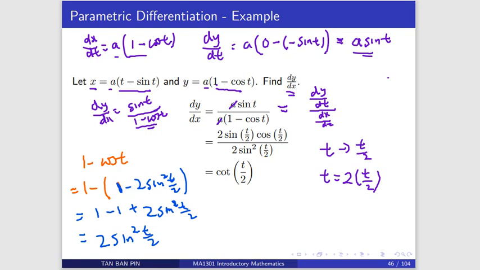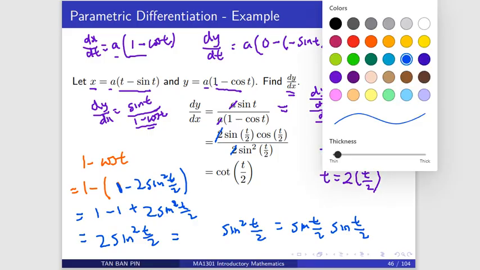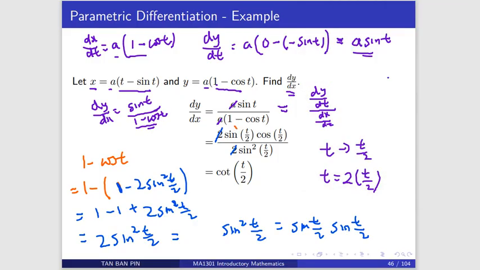Then you can do cancellation. The 2 and 2 cancel. Sine squared t/2 is sine t/2 times another sine t/2, so you can cancel one of them, which is like cancelling the square.